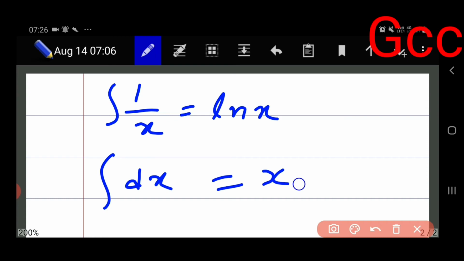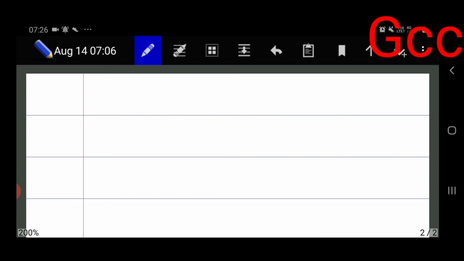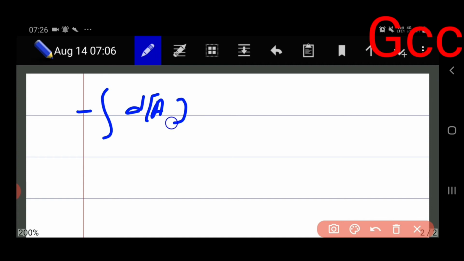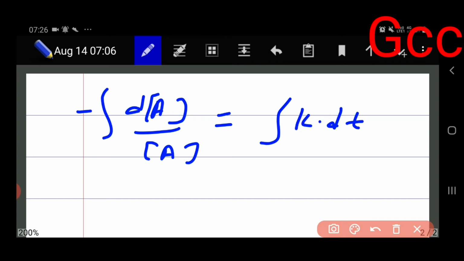So the same rule we have to apply over here. So we have minus dA upon A equal to k into dt, from 0 to t. So what will this become?